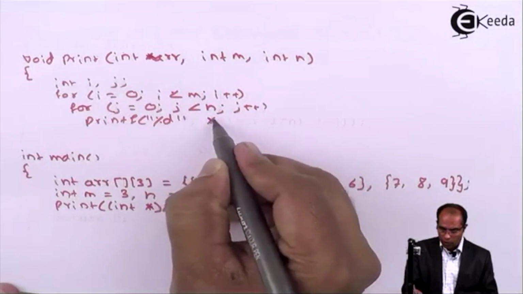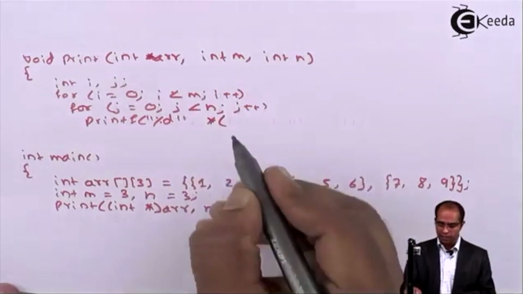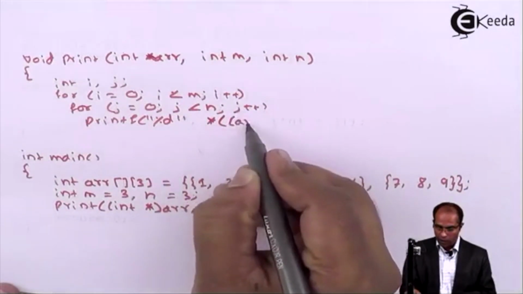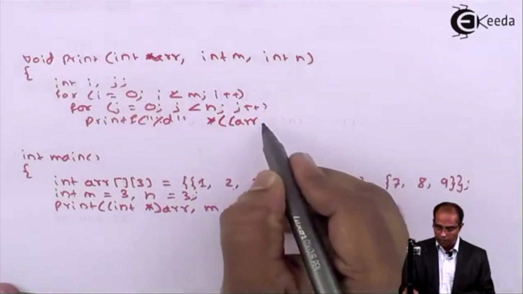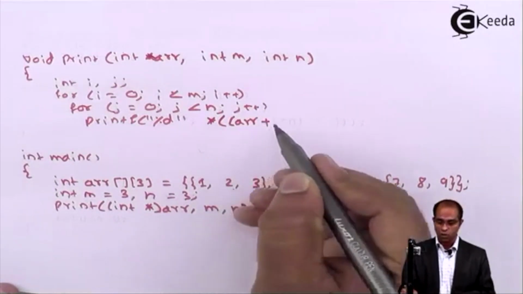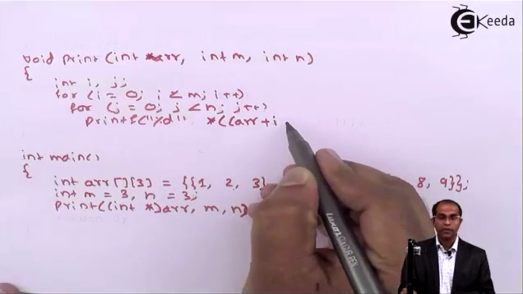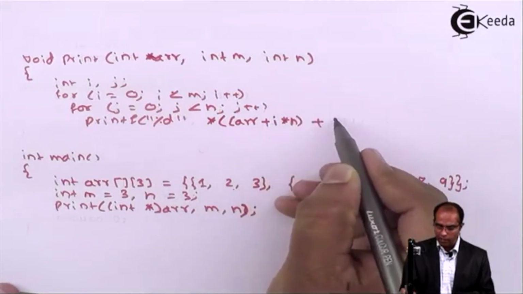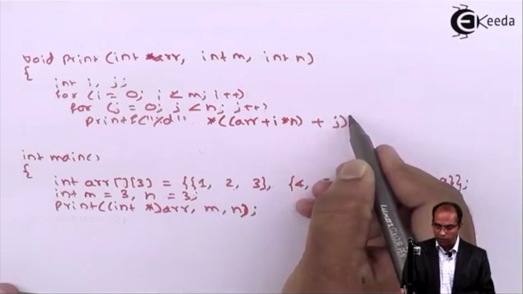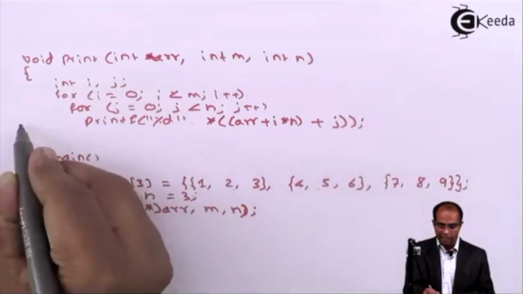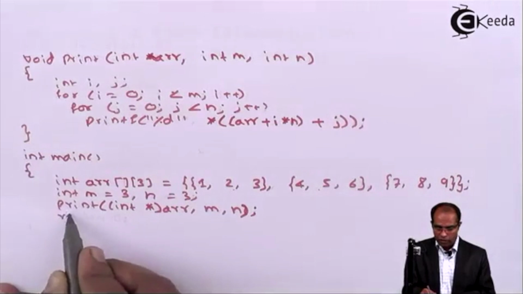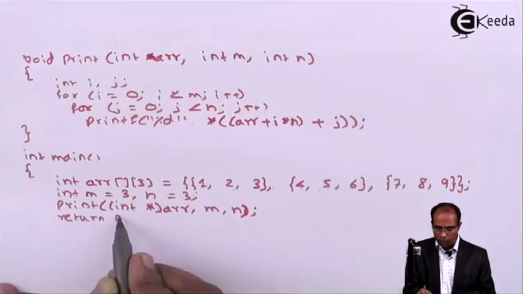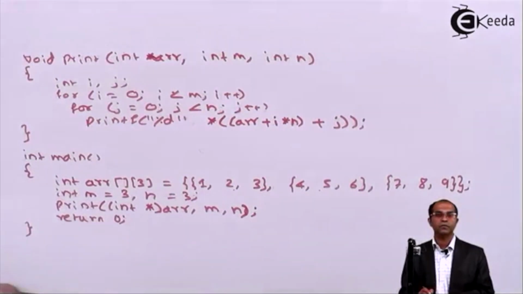So here I need to convert this as the array name plus the row value. What is the row value? i, multiplied by the total number of columns, that is n, plus the column value, that is j. Now this will get me the exact location where it has to access or display the values.